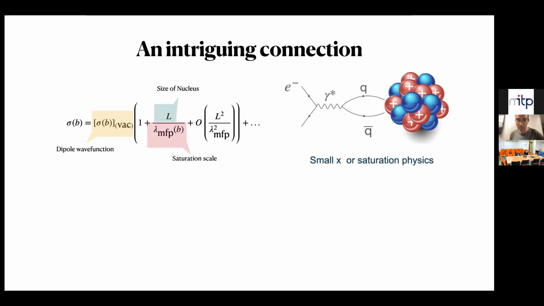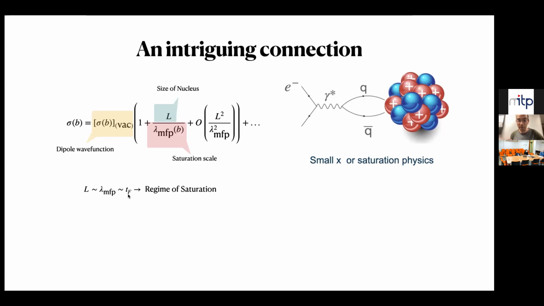So I don't have time to explain what I exactly mean by saturation scale for those who are not familiar with small x physics. So what this means is that when I enter this regime where the LPM effect becomes important, where L is of the order of lambda mean free path, which is of the order of the coherence time of radiation, that in some sense corresponds to the regime of saturation in small x physics.